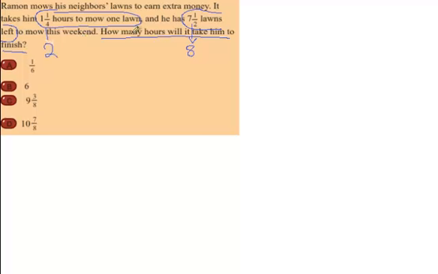It takes him 2 hours. Let me just write this down over here. 2 hours, and that gives me one lawn. If he has 8 lawns left to go, what do we have to do to figure out the number of hours?